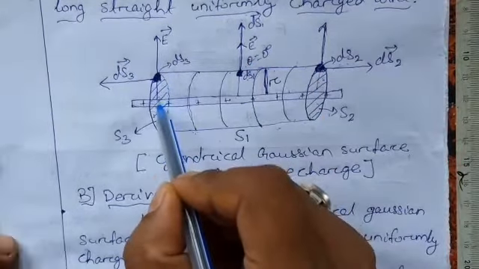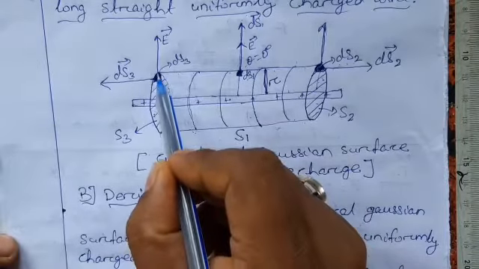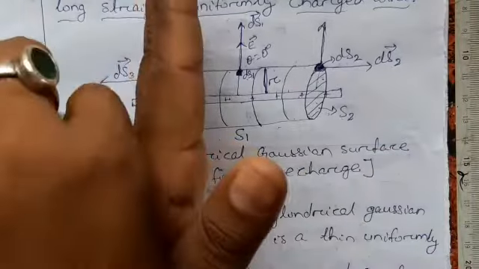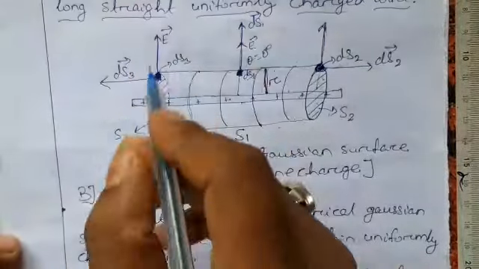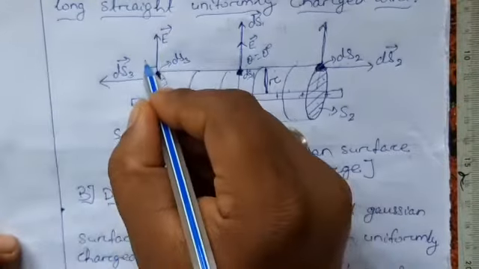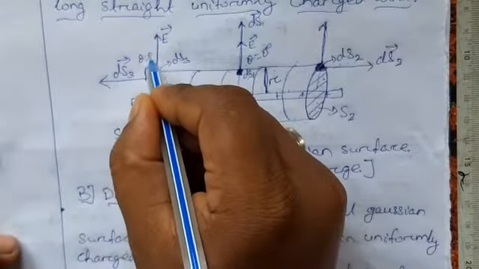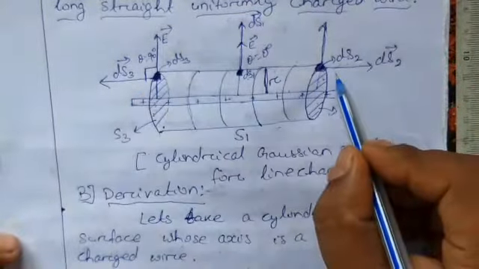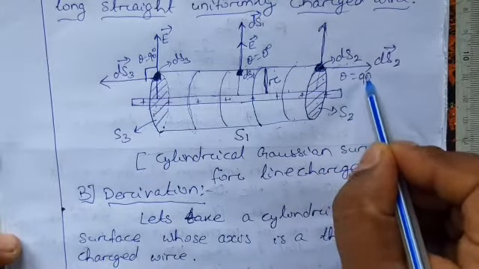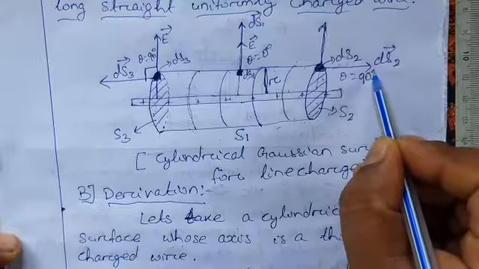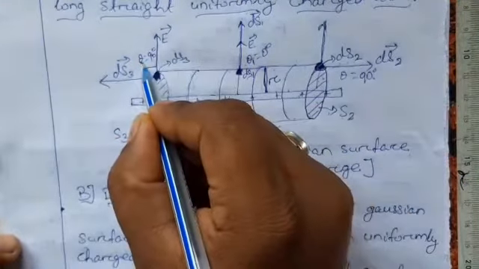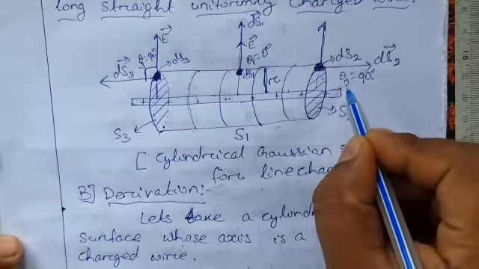Here see, electric field is radially outward, but this is the flat surface, this is the direction of area vector. So angle between electric field and area vector is 90 degree. Here theta equal to 90 degree. Here also I can say theta equal to 90 degree. Or I can say this is theta 1, this is theta 3, this is theta 2.